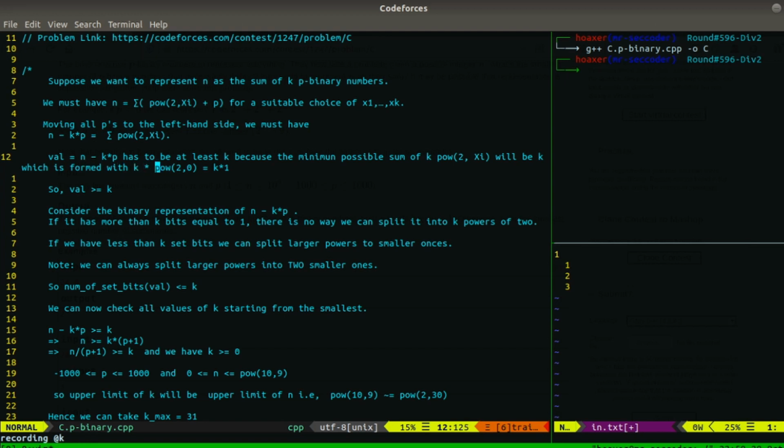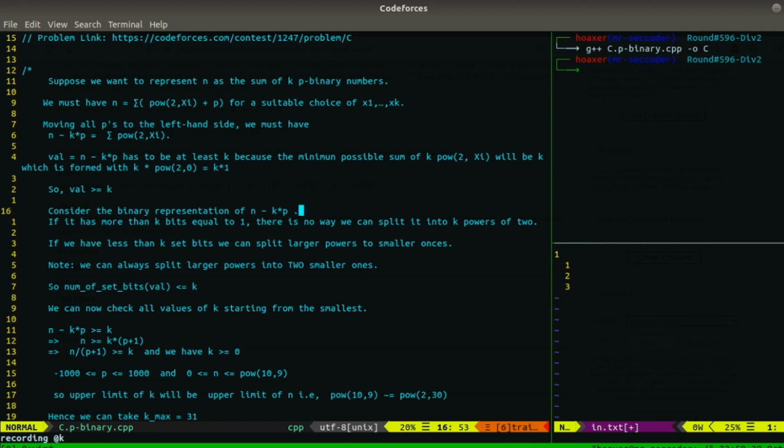We have k such terms, and by taking all those minimums, we get k into 2 power 0, which is k. So in order to represent n as a sum of k p-binary numbers, n minus k into p should be greater than or equal to k.